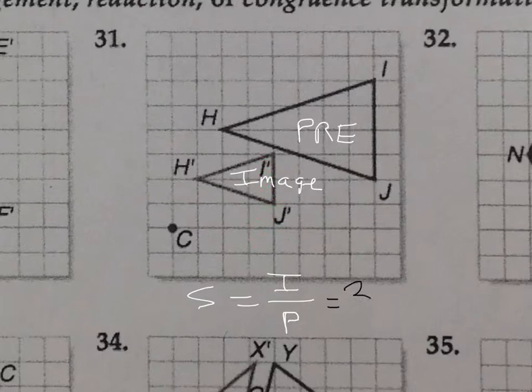So it would be a 2 for the length of a part of the image. I need the matching side on the other triangle, on the pre-image. It's from J to I, and that's 4. So the scale factor is 1/2, which makes total sense because the image is half as long as the pre-image.